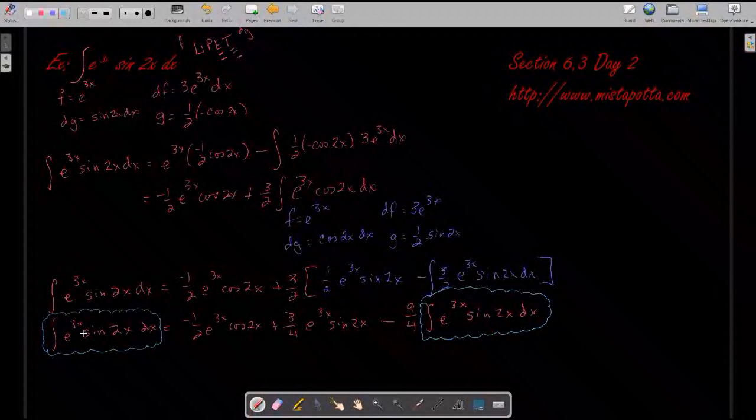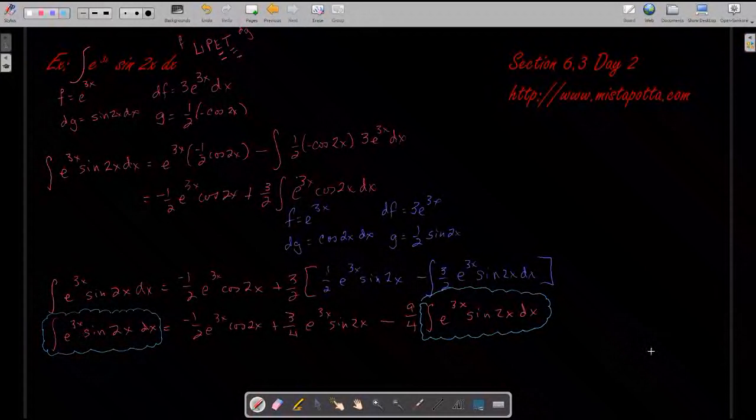It just stays e to the 3x times a constant, e to the 3x times a constant, e to the 3x times a constant. And sine and cosine both alternate back and forth. First I'm sine, then I'm cosine, then I'm negative sine, then I'm negative cosine. As I take these derivatives, well, the antiderivatives work exactly the same way.